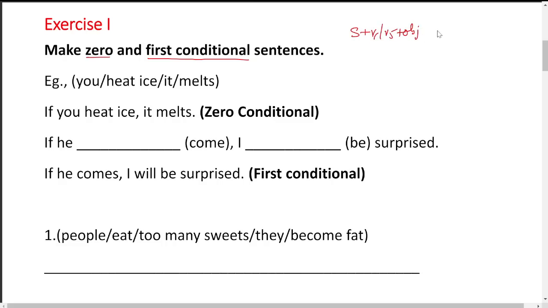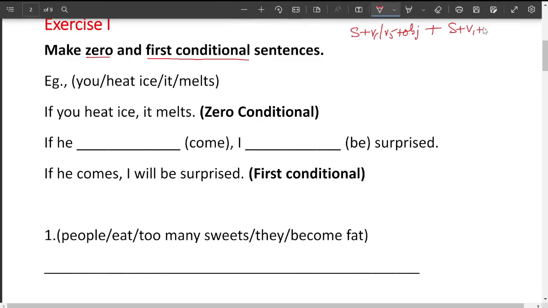This is one clause, connected with the subject plus V1 or V5 plus object. Same tense. Tense doesn't change in the zero condition. In the first condition, it is the same simple present tense, but here the other clause changes into will or shall plus V1, right?